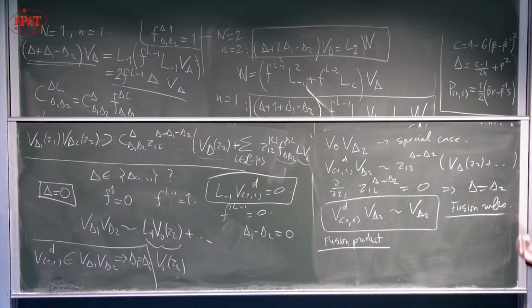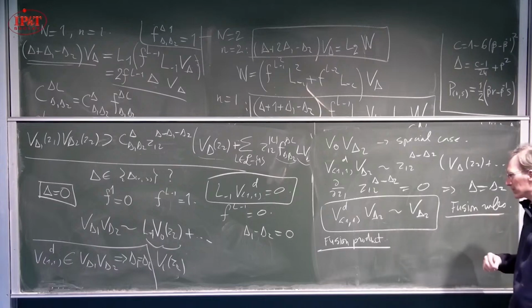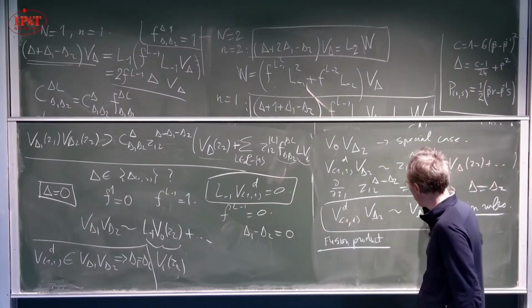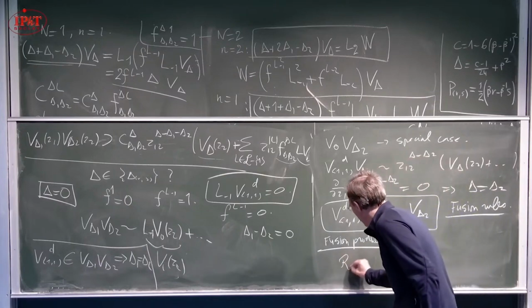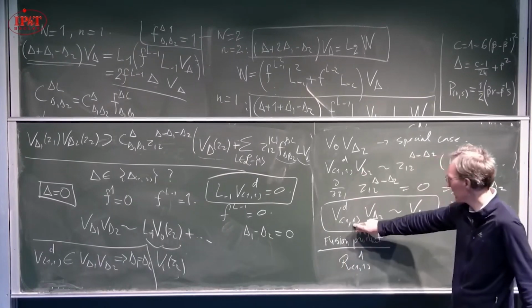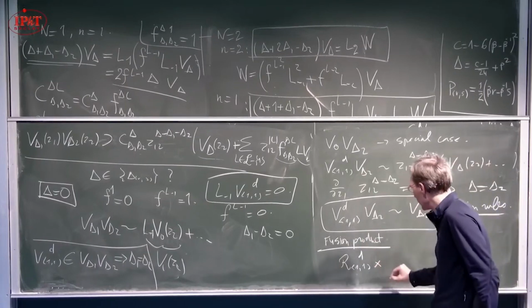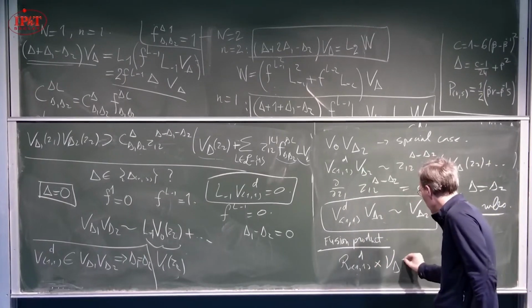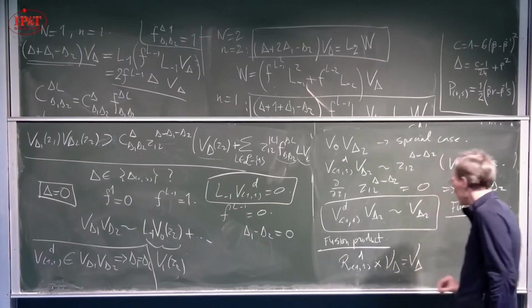In particular, if you were doing tensor products, the central charges would add, whereas here we work at a fixed central charge. So the interpretation in terms of a fusion product here is that the degenerate representation R11, to which this field belongs, if you take a product with a Verma module here, to which this other field belongs, you find just the Verma module.